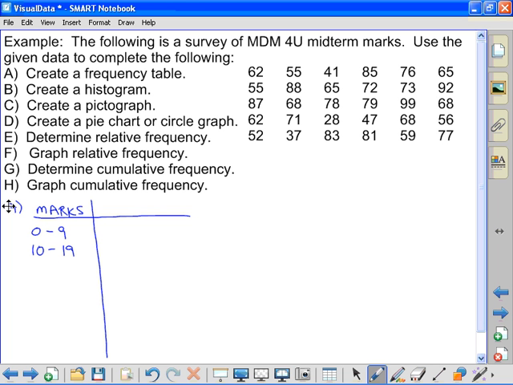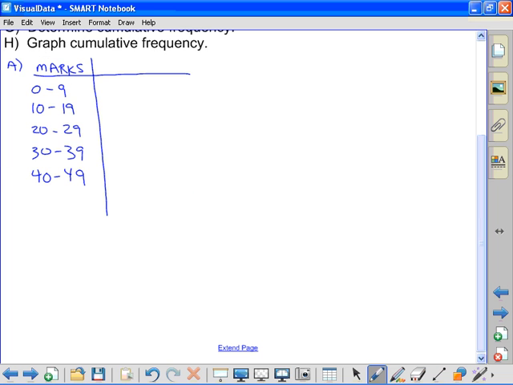So 10 to 19, 20 to 29, 30 to 39, 40 to 49. Make a little bit more room here. 50 to 59, 60 to 69, 70 to 79, 80 to 89, and 99 to 100.